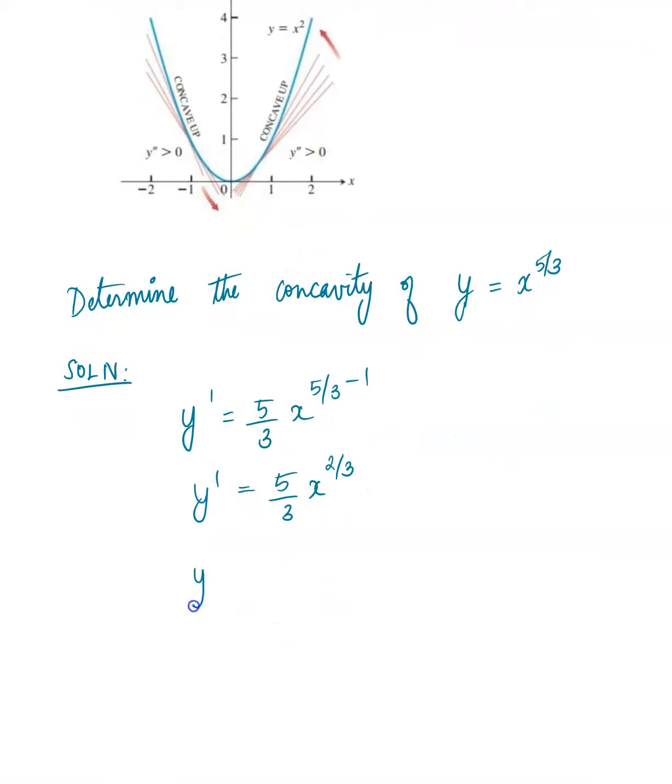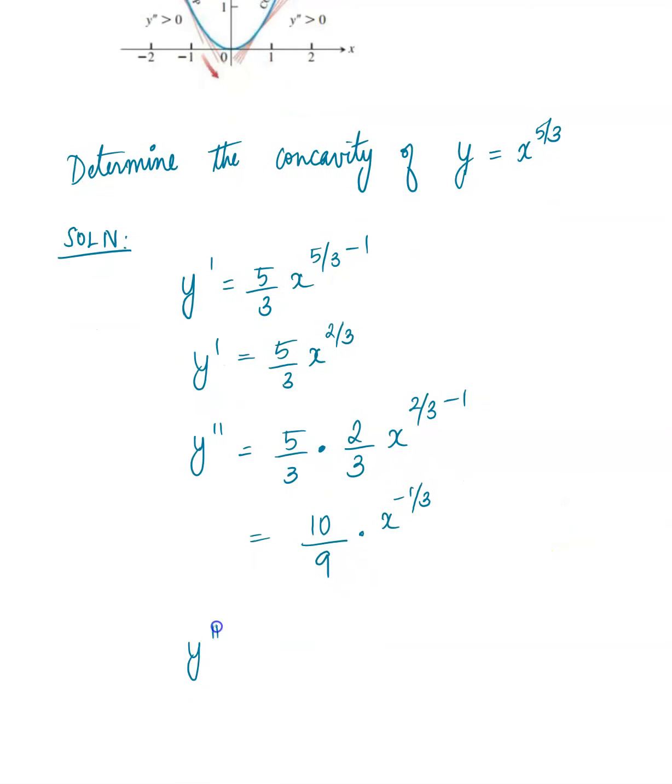That's y prime. Y double prime will be 5 over 3 times 2 over 3 x power 2 over 3 minus 1, which is 10 over 9 x power negative 1/3. Y double prime will be 10 over 9 cube root of x.